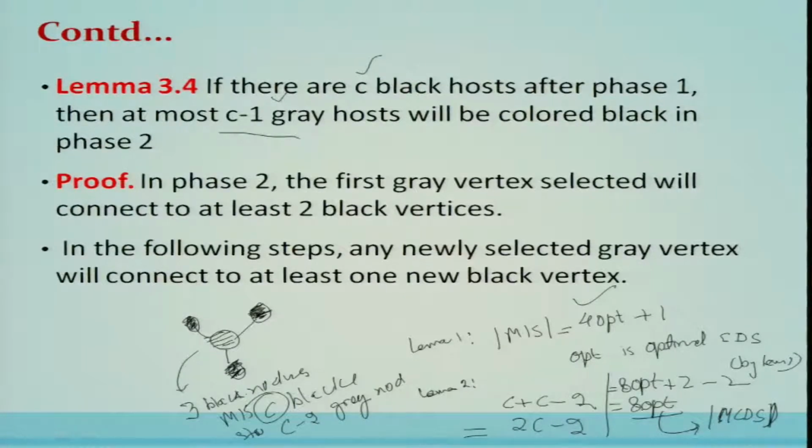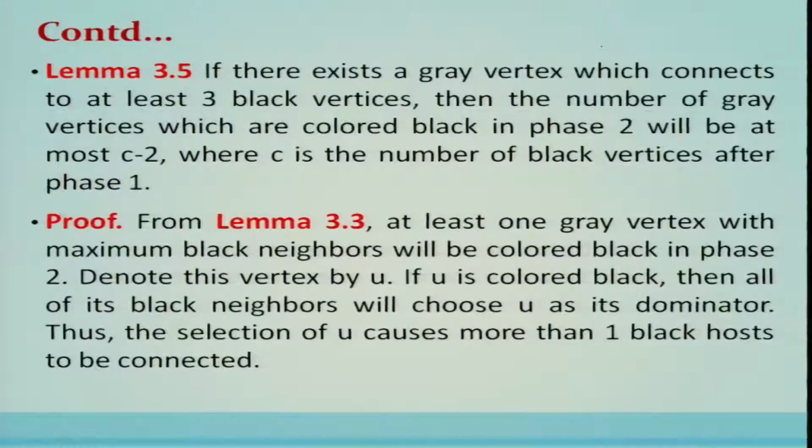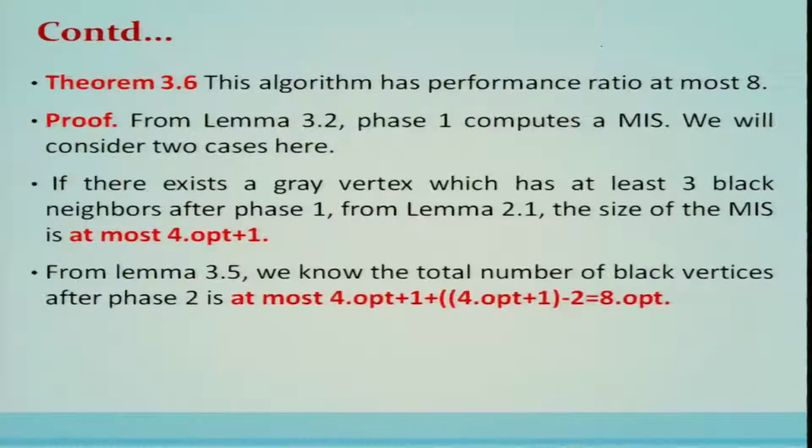So that means the approximation of this algorithm is 8. It is an 8-approximate algorithm, that I have proved here in this part of the discussion, and this is what is mentioned, whatever was already proved.